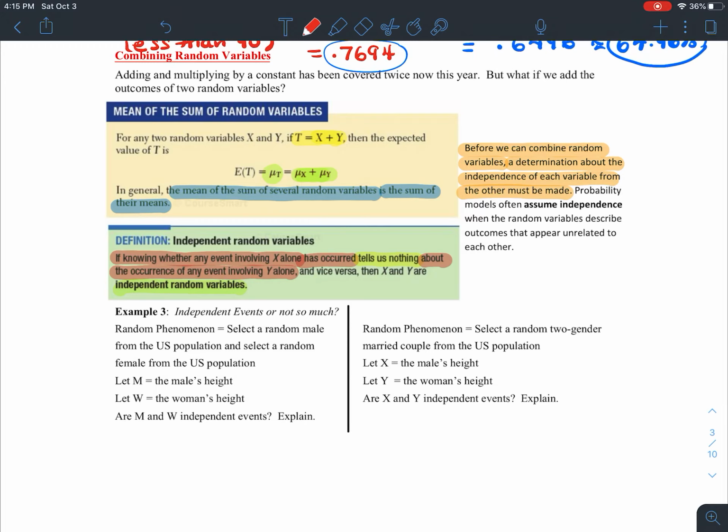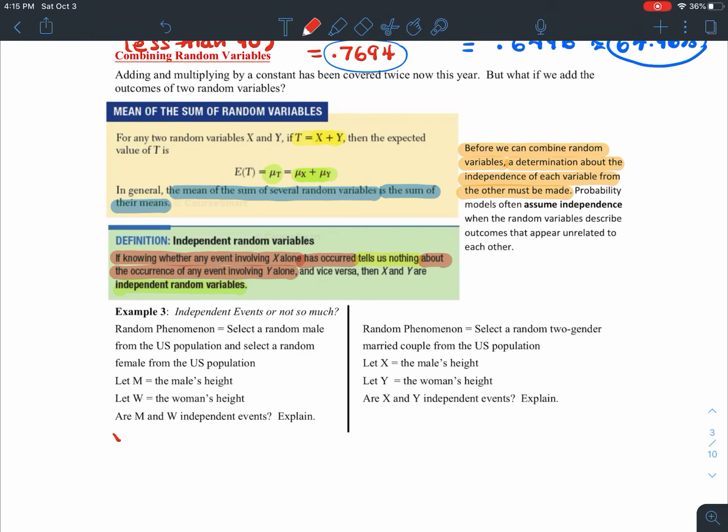The question is, do we think that these two random variables, M and W, these two heights, would be independent events? If I told you the height of the male that we randomly selected was 6'2", do you think in any way that would tell you anything about what the woman's height would be that we randomly selected?